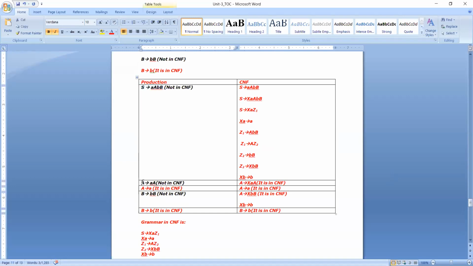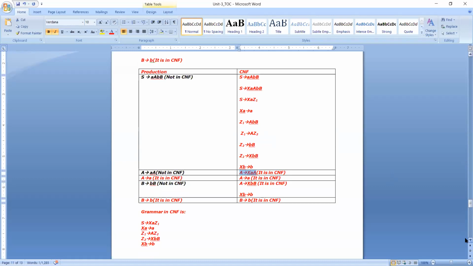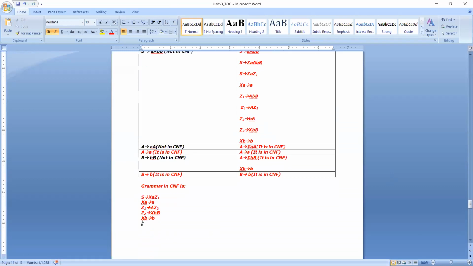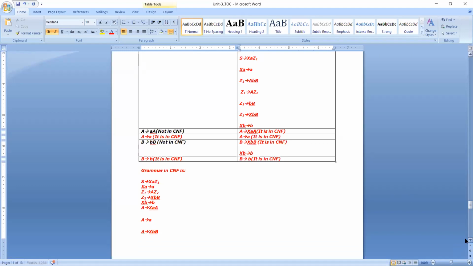Now we need to specify the A productions also. What are the A productions? A derives to this one, so let us rewrite. These are the A productions. Then A derives to this one also. Next, we need to specify the B productions.